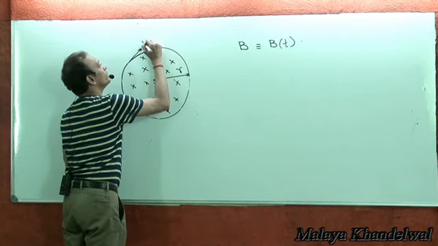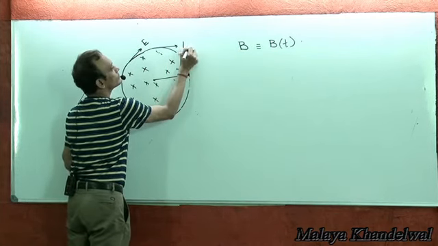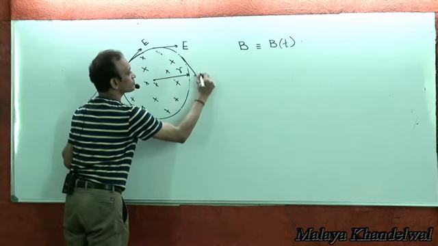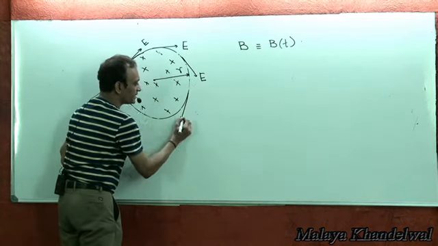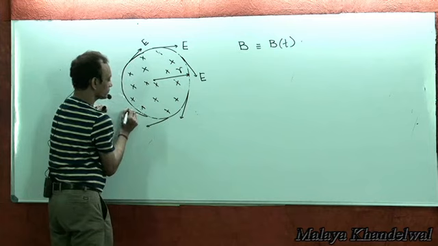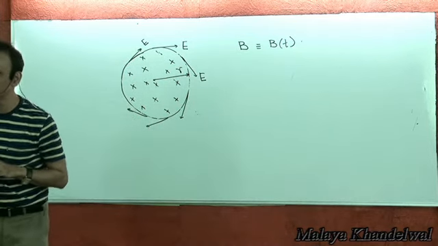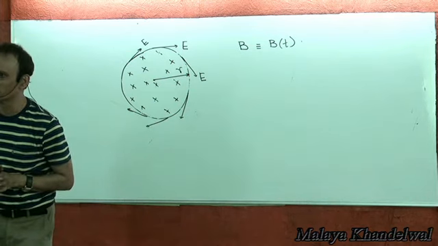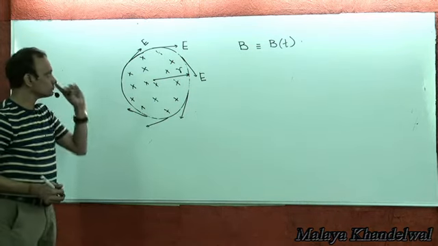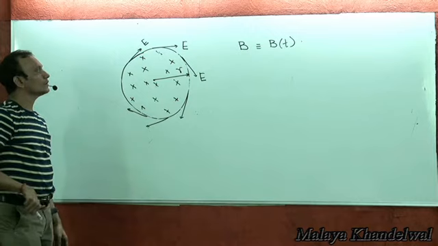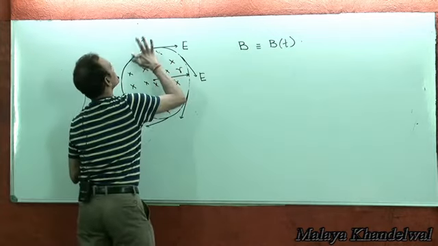Realize that the electric field would all be tangential, isn't it? I hope you realize that. It will be a circumferential electric field generated because of symmetry. In this case, of course, let me change the direction.